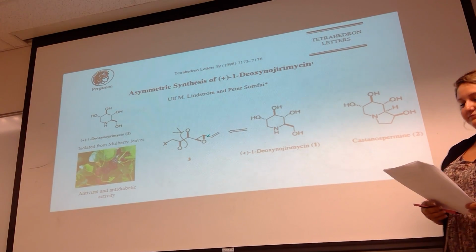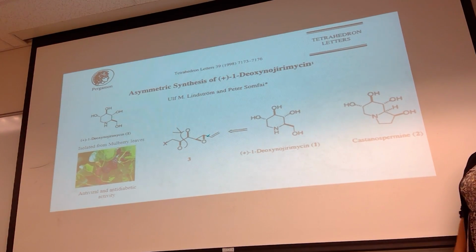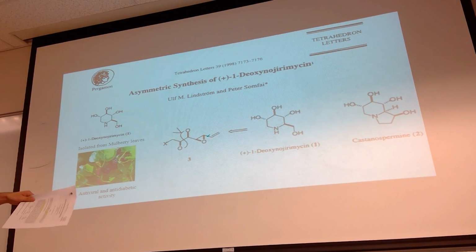We are going to be talking about deoxynojirimycin. Previously, several polyhydroxylated sugars have been shown to have interesting glycosidase inhibitory activity. So they've focused on these and they've isolated deoxynojirimycin as well as castanospermine from mulberry leaves, and they've both shown antiviral and antidiabetic activity.